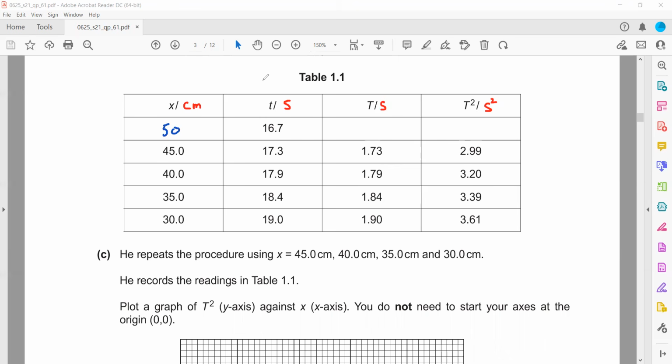So the time for 10 oscillations, or 10 vibrations, is 16.7. What will be the time period of oscillation, or the time to complete one vibration? Use a screen annotation to complete this missing value. What will be the time for one oscillation? If 10 oscillations took 16.7 seconds, how much time will it take for one oscillation?